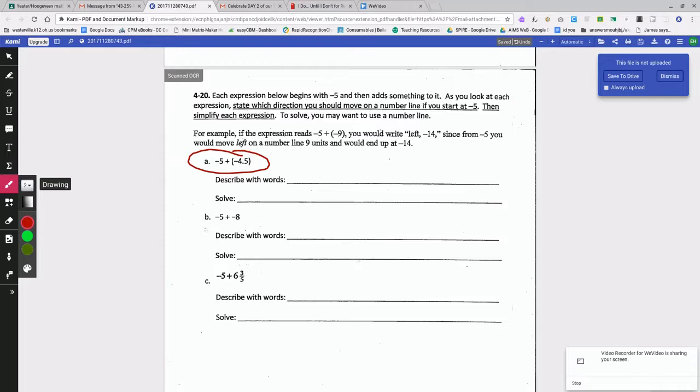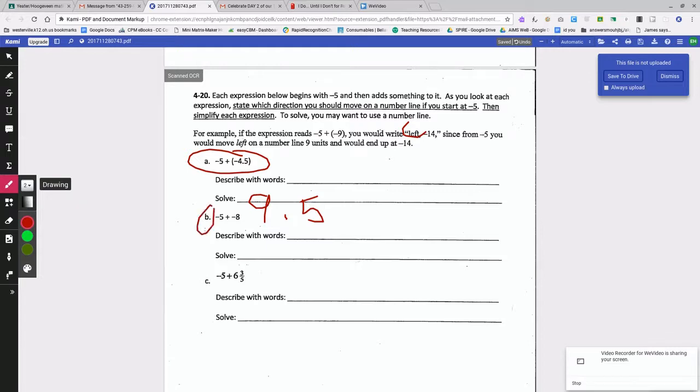So you can write anything like -5 or plus -4.5, or what I would do is probably say move left 5, and then move left 4.5, and then your answer, of course, would be -9.5. So I would just be using left or right, as up here it says move left 14. I would just write move left 5 and then move left 4.5.